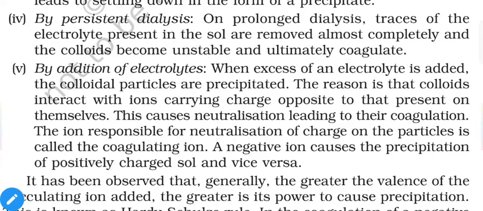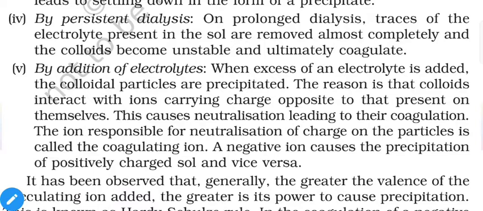So if we continuously carry out the dialysis process, it will even remove the required electrolytic ions because of which colloids are stable. That means the perfect amount of electrolyte is required to stabilize the sol. If the amount of electrolyte is less than required, the particles coagulate, or if it is more than required, still the particles will coagulate. So if we disturb the balance of the amount of electrolyte present in the colloidal sol, it will precipitate.